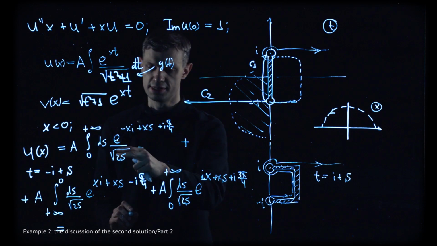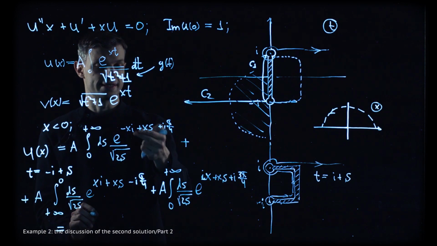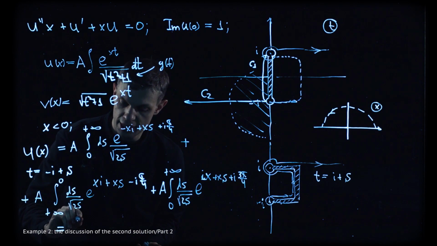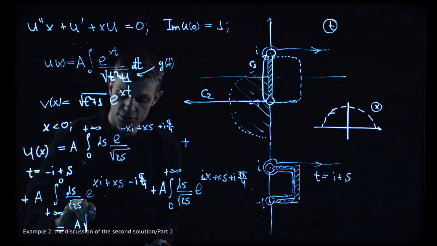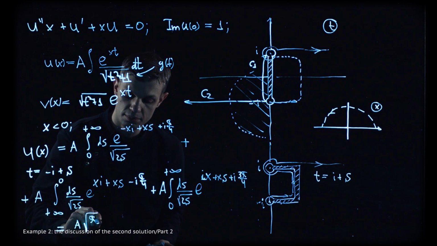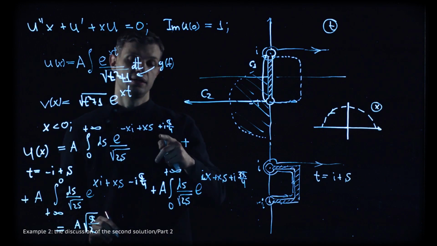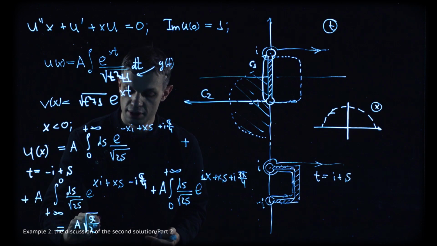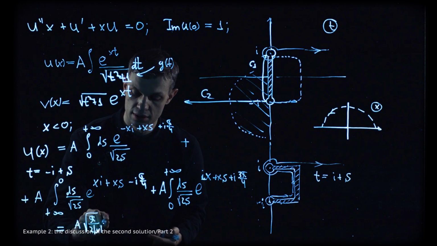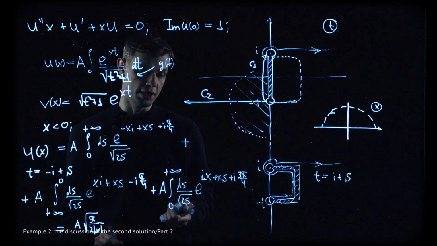So the full asymptotics now reads: the first integral gives us the gamma function of 1/2, which is again square root of pi, so it's square root of pi by 2. And as you remember, after the appropriate change of variables, you will get the modulus of x in the denominator.